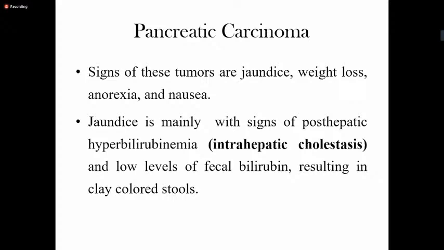Jaundice is the main sign, with signs of post-hepatic hyperbilirubinemia, which is a differential for intrahepatic cholestasis. And there is also low fecal bilirubin excretion, and this results in clay-colored stools. Okay, so there is an obstruction, and we have clay-colored or pale stools.